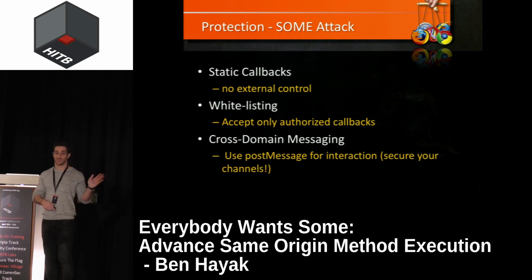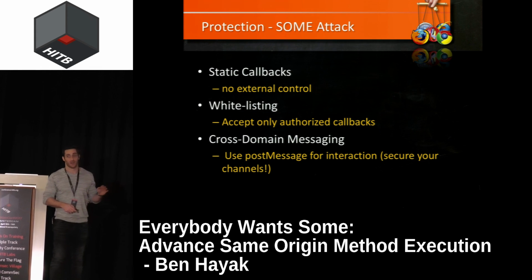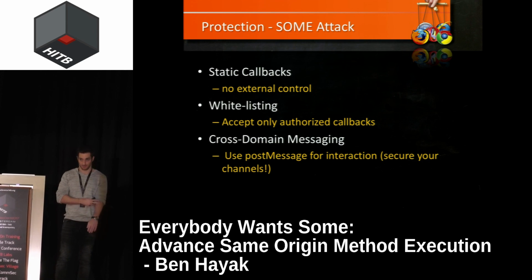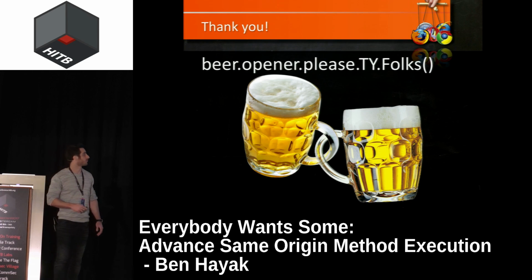But if you choose the third option, you've got to make sure the channel you set up is secure, because there are a lot of vulnerabilities, and otherwise you can abuse it, in some cases with cross-site scripting, etc. So these would be the ways to deal with this. I really advise using the first one. Just remove the callback parameter, set it on the server side, and that's pretty much it. Or the whitelisting is quite good as well.